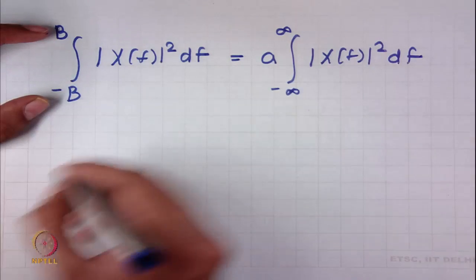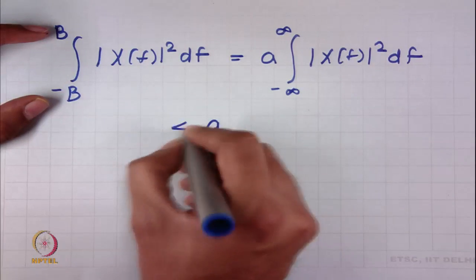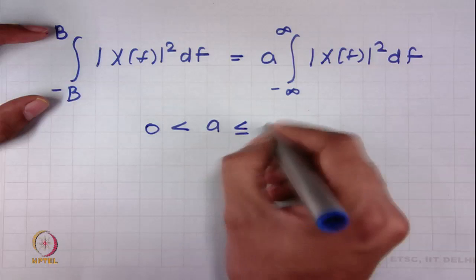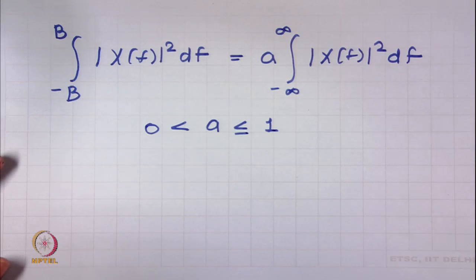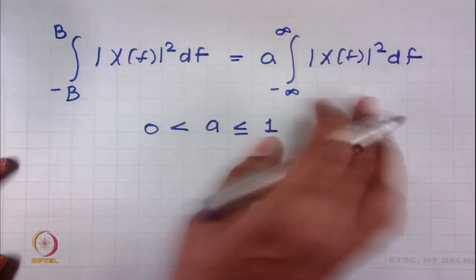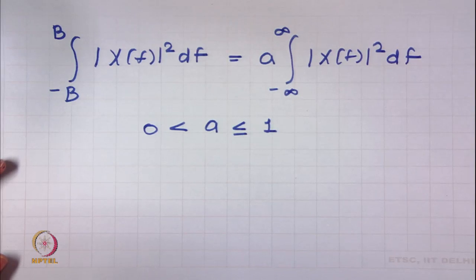So, A is a fraction. So, the value of A will go from 0 to 1, and for this equality whatever the value of B we get, that is the bandwidth.